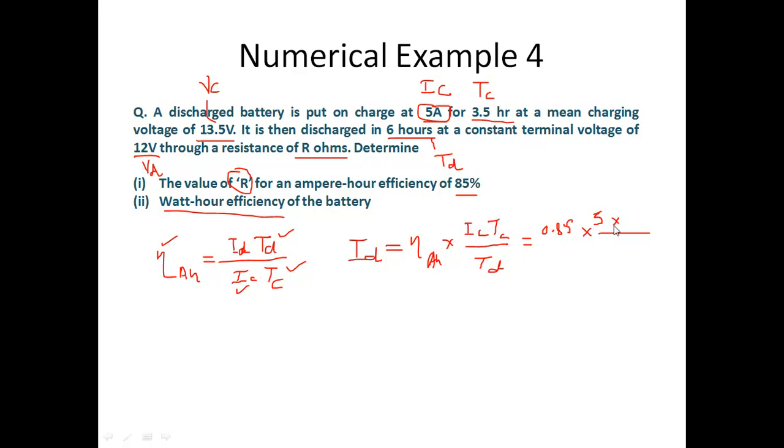The charging time is 3.5 hours, and the discharge time has been given as 6 hours, so we will use 6 over here. So here we can calculate the discharge current as 2.48 ampere.